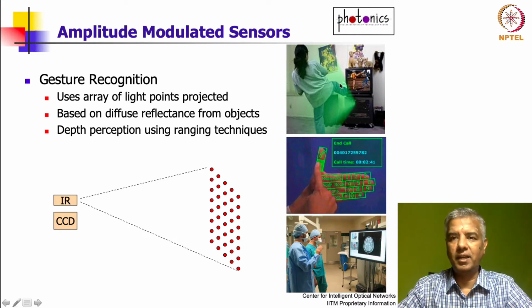In this case, if the kid is throwing a punch or throwing a kick, then the computer should recognize that and project an image which is mimicking that action. So how does it sense this? Well, this is actually a very good example of an intensity modulated sensor or an amplitude modulated sensor.